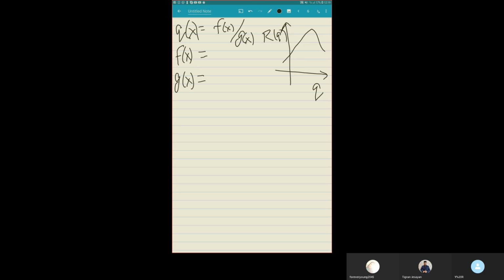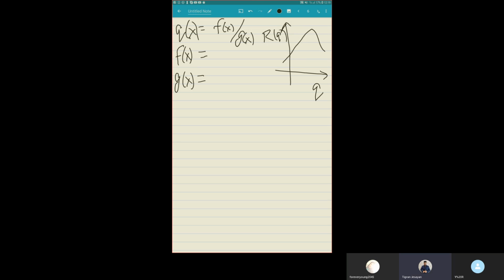So if I fill in this, it becomes R bar x. Or wait, let me just rewrite this too.